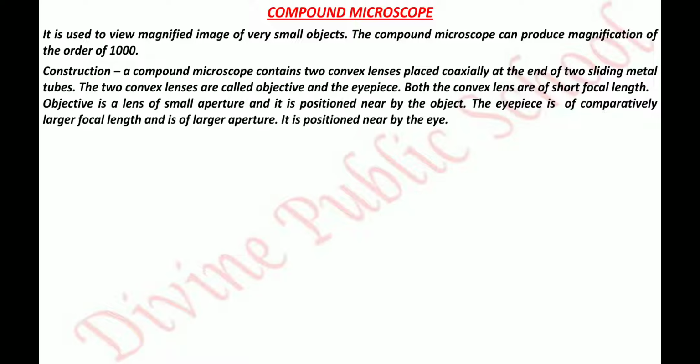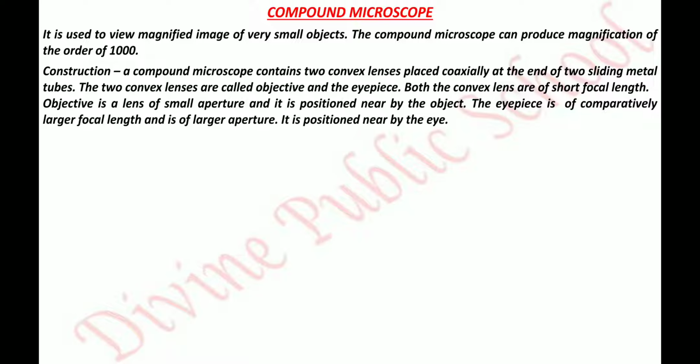The aperture of the eyepiece is taken greater so that more light is involved in making the final image. If the aperture is large, a larger amount of light falls on the lens, and a larger amount of light makes a brighter image. So the focal length and aperture of the objective are both smaller than those of the eyepiece.